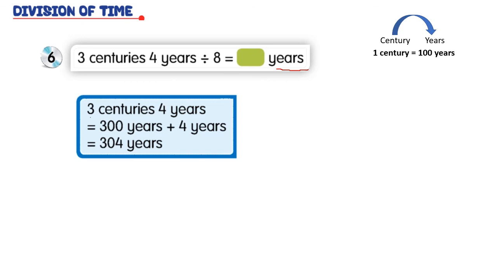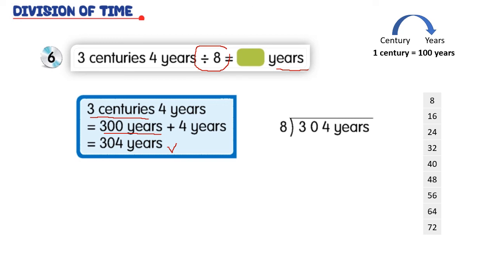Okay, so 3 centuries is equal to 300 years. So the 4 years here is already in years, so you just plus 4 years. 300 plus 4 years is equal to 304 years. Now you are going to divide it by 8.